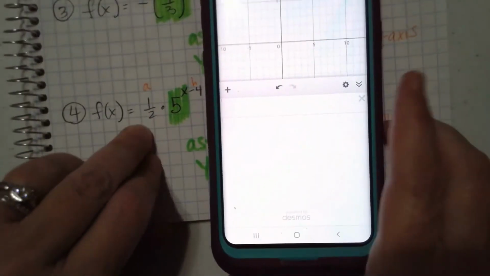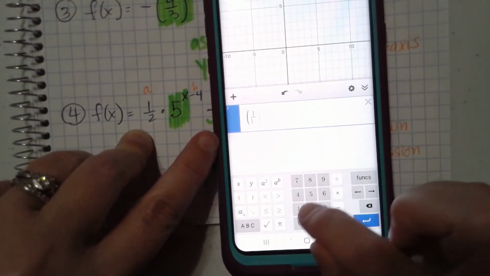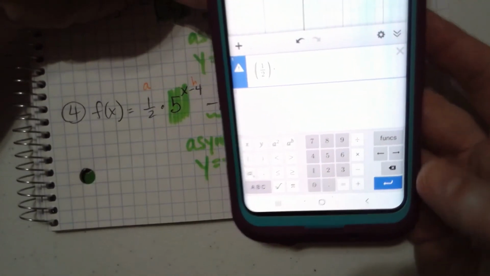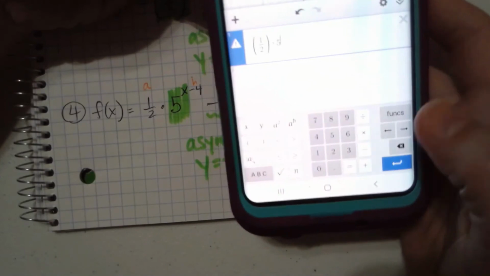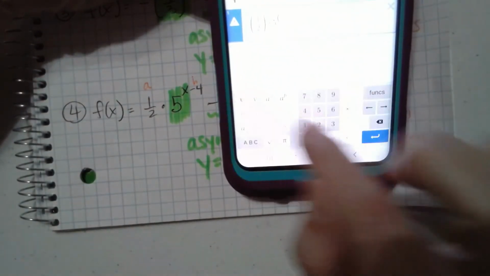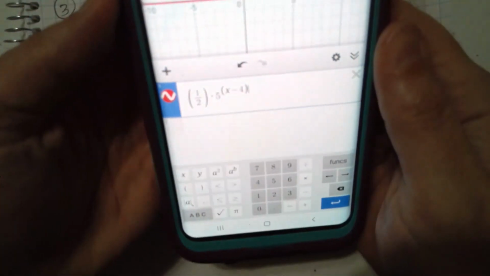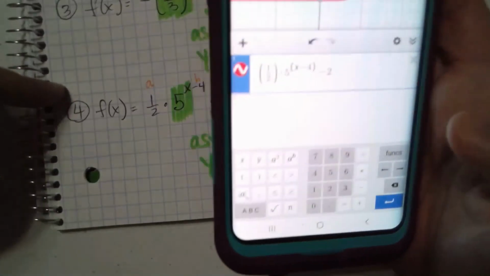So I'm going to type 1/2 as a fraction in parentheses, then push times, and then 5, and I'm going to raise 5. Now I want to raise 5 to the x minus 4, so I need to put x minus 4 in parentheses to keep all of that together. And then minus 2.